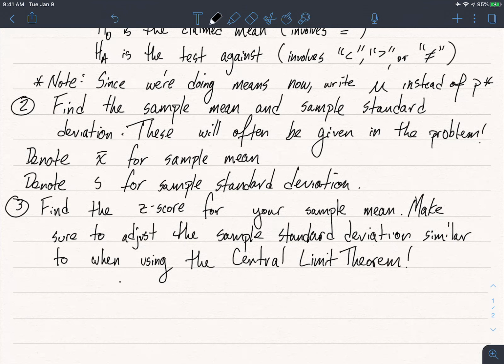And what did we do? We adjusted the standard deviation by taking s divided by root n, right?